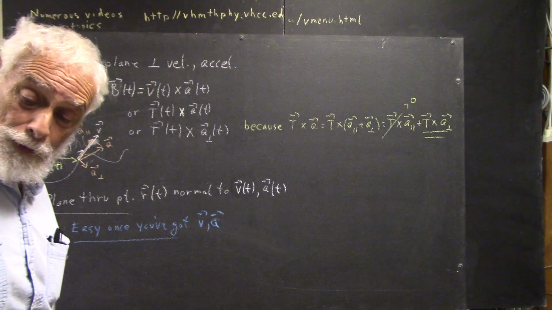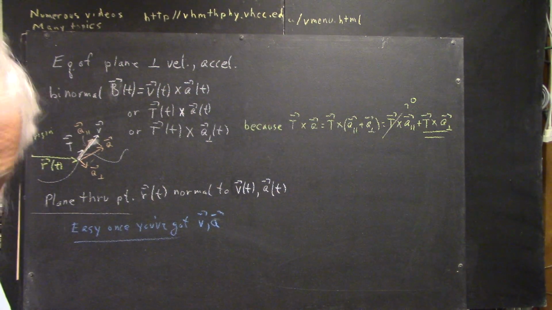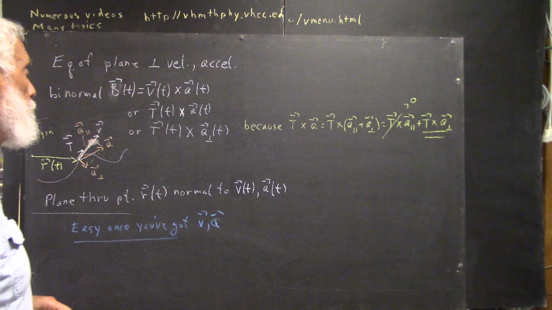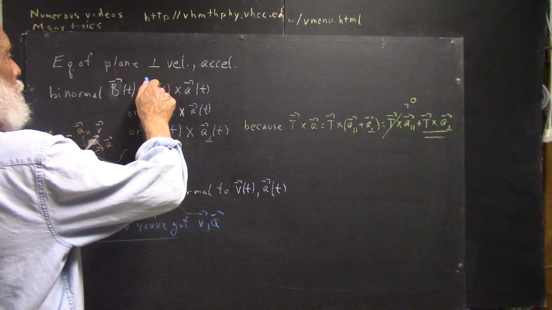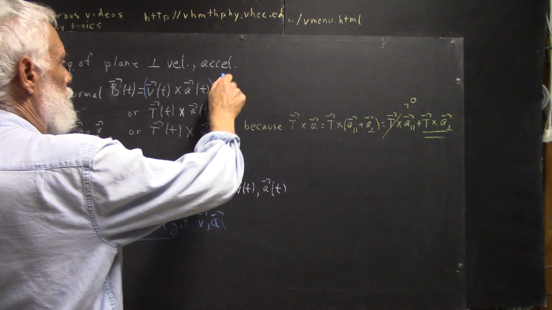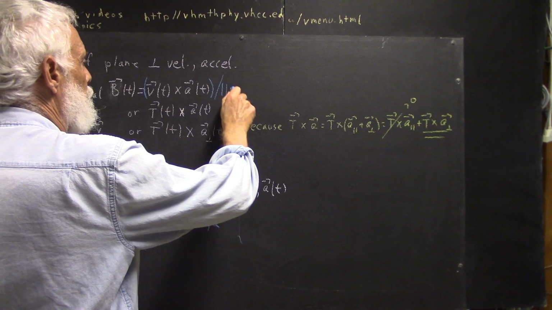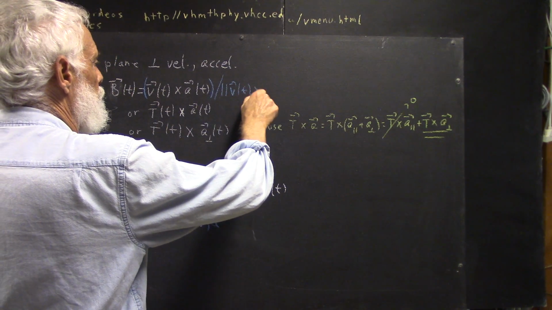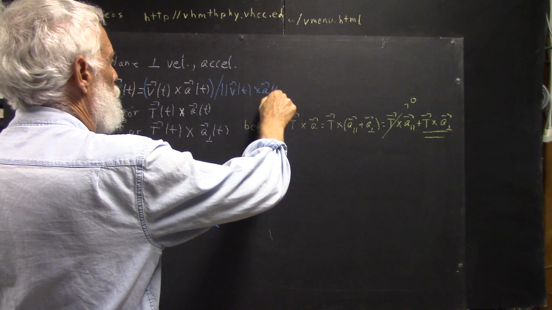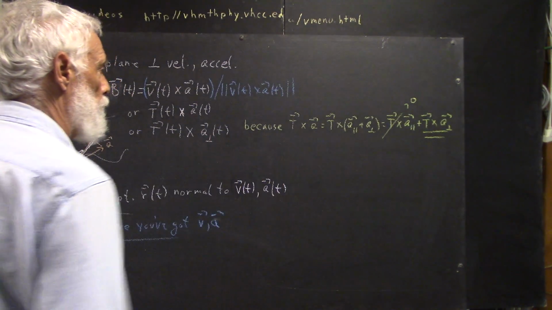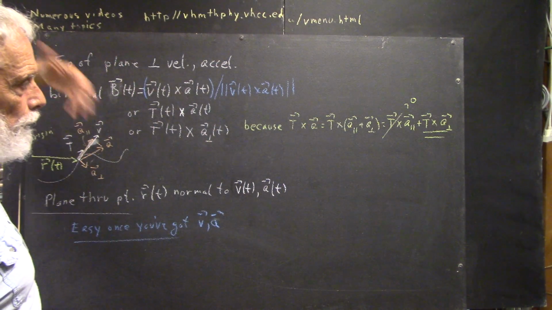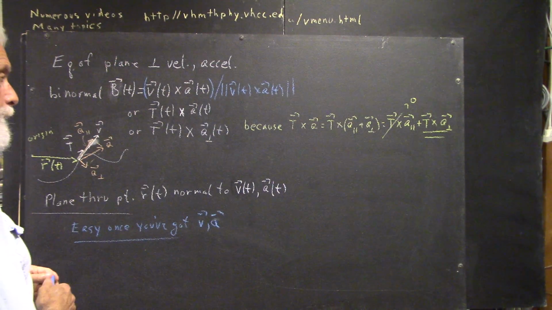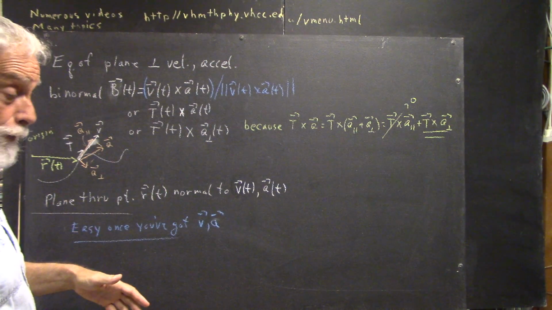Okay, I just realized I have another little glitch here. The binormal vector is, so you do have a nasty derivative. Now, you weren't actually asked to calculate the binormal. You're just asked to calculate a vector in the normal direction. You weren't asked to find a unit vector in the normal direction.